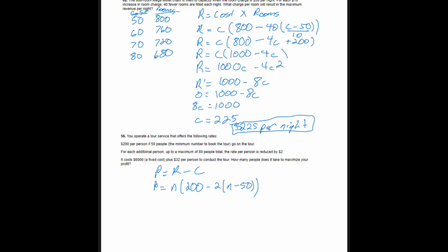So I'm going to subtract $2 for each person that's over 50. Okay? And in this case, I don't need to divide by anything because I'm going up by ones. So that's where the 10 divided by 10 came from in the previous problem.